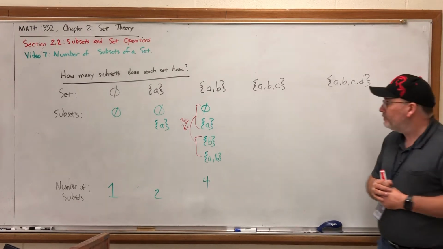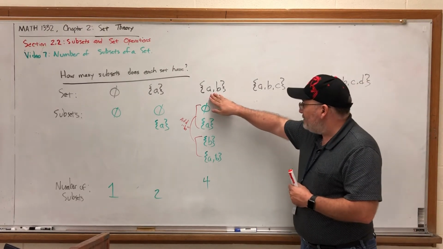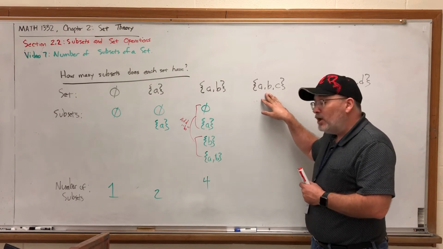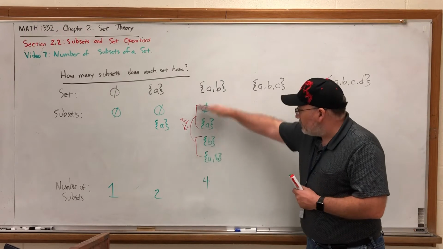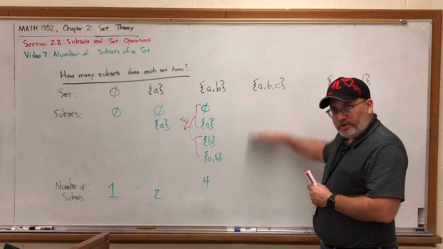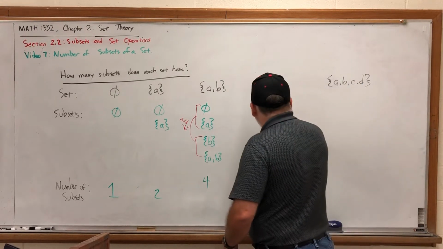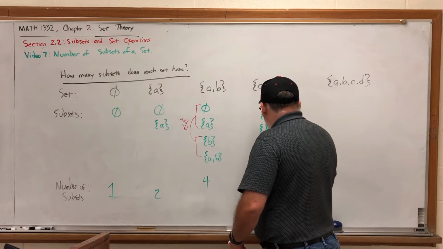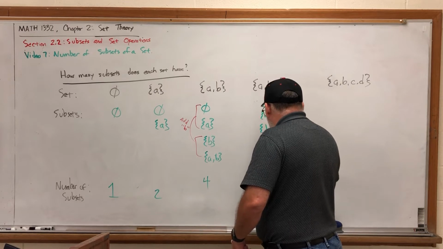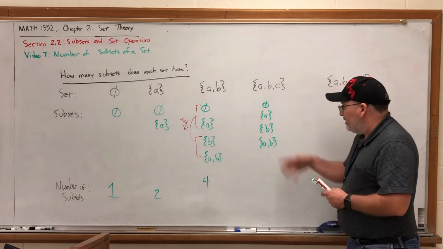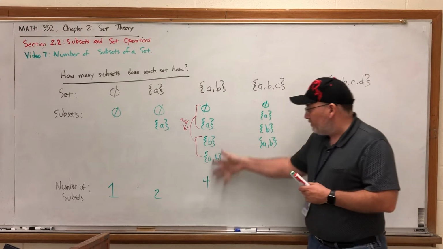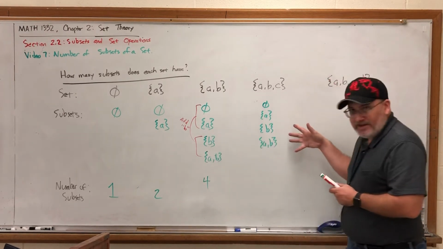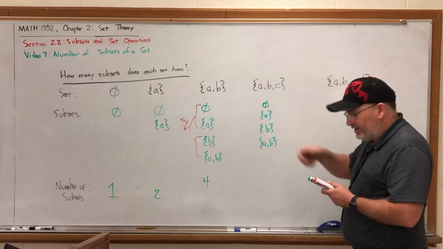Same thing. The set containing A and B is a subset of the set containing A, B, and C, which means every subset over here will also be a subset over here. Empty set, set containing A, set containing B, set containing A and B. But because these subsets were subsets over here, none of them could have the letter C, and now they can. So I'm going to do the same thing I did over there.